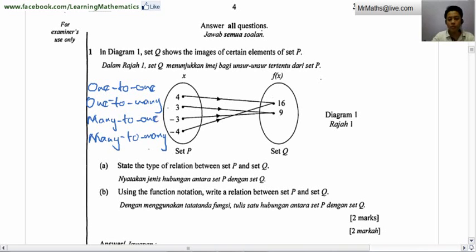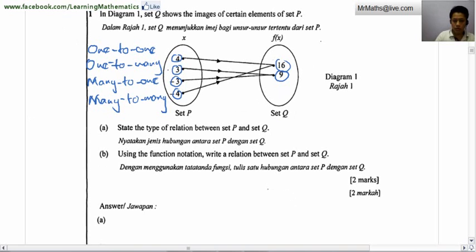Alright, so in this case we have, for example, an element 4 in set x, and minus 4 is pointing to one image. 2 objects in x are pointing to one image in the f(x) group, and 2 as well here, number 3 and minus 3, 2 objects pointing to one image in set Q. So this definitely is many to one.